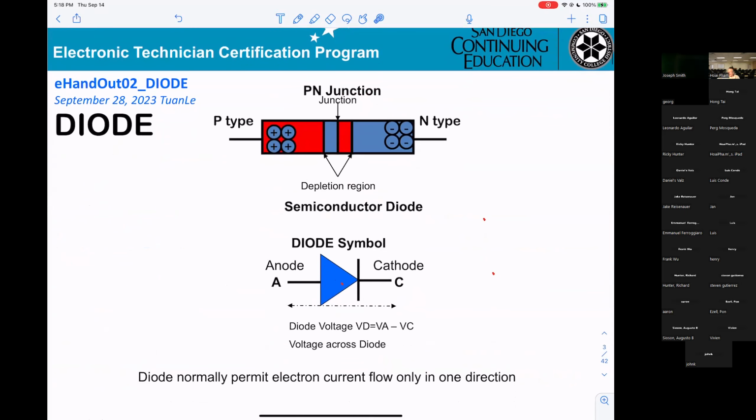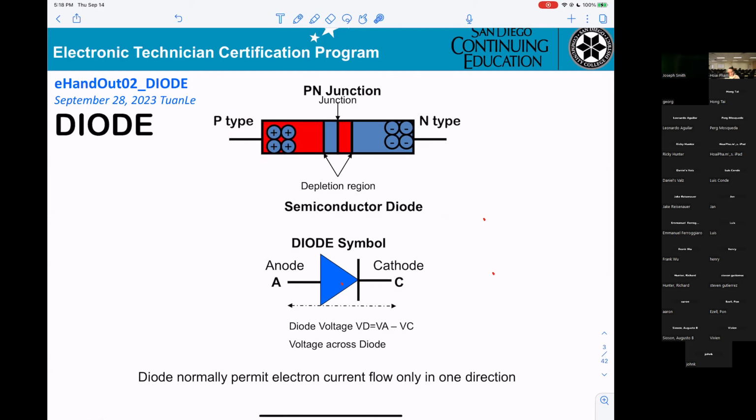Now, first thing we have to deal with is what we call a diode. They can be built using a silicon diode or germanium. That means different material. Now we're talking about the silicon diode. So one side is N-type, which has negative electrons, and positive on the P-type.